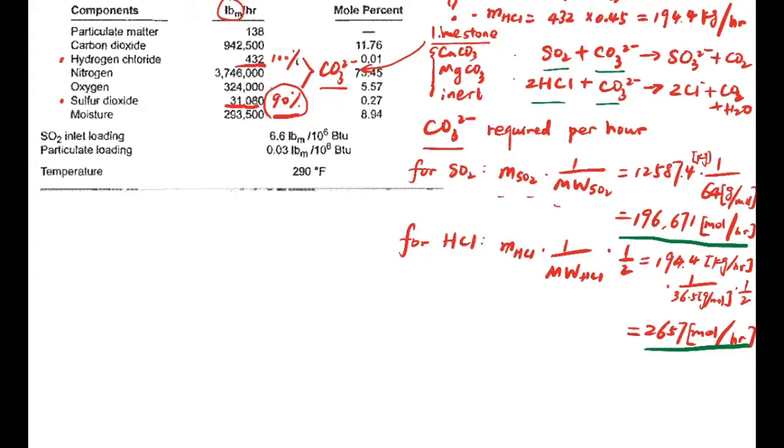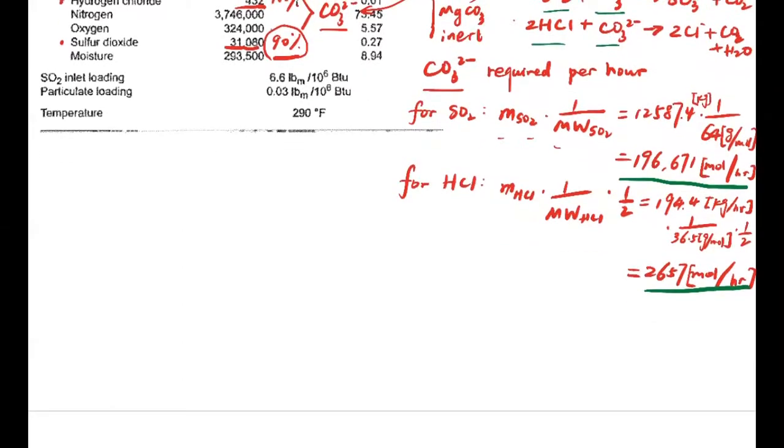So the total required carbonate ions is just going to be these two numbers added together.